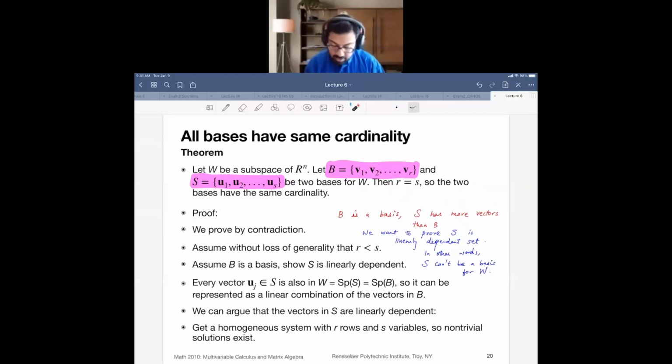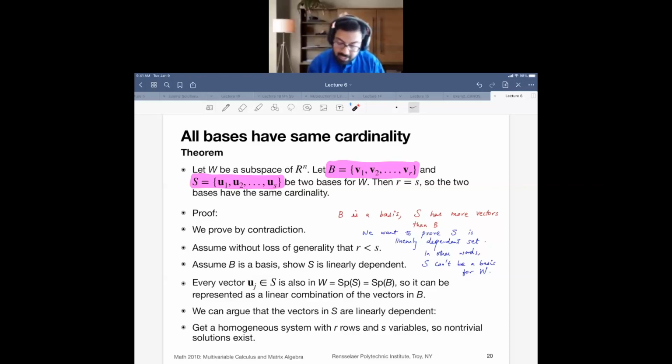So let's try to do this. You look at every vector u_j, right? u_j is any vector in S. u_j that belongs to S is also going to be in W, because we said that W is the subspace for which this is the basis.